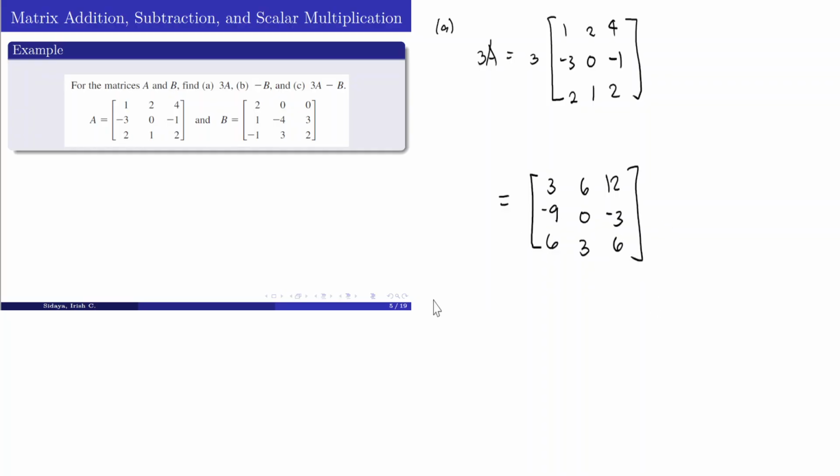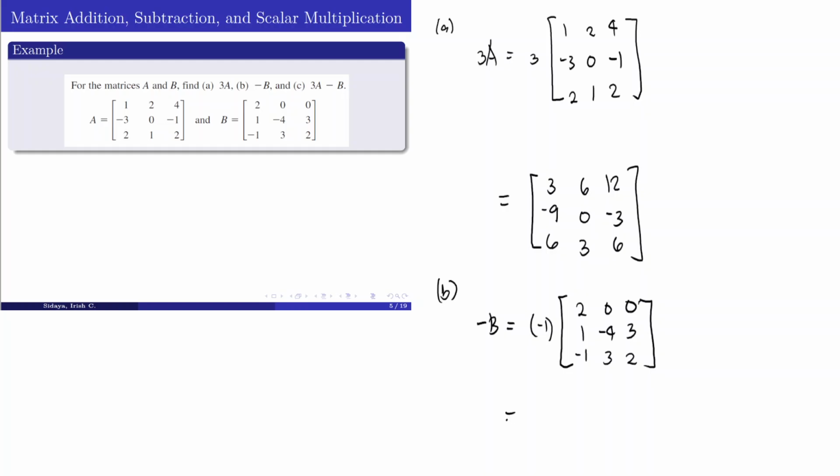Next, we find negative B, which means we will multiply the scalar -1 to matrix B so that we have -1 times the matrix B. We have 2, 0, 0, 1, -4, 3, and then -1, 3, 2.